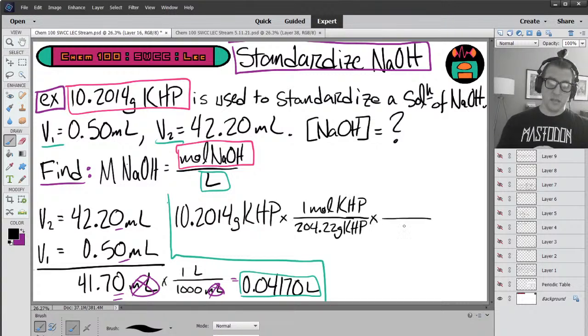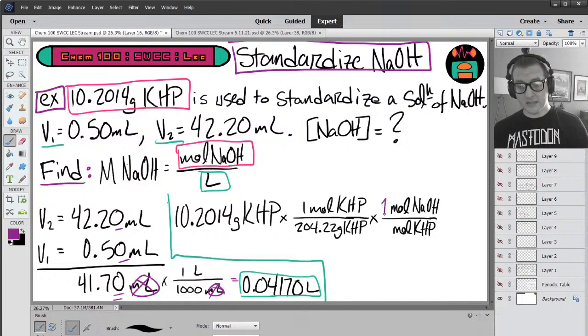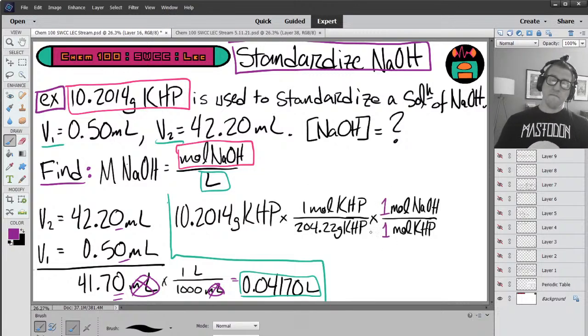And then finally, we can convert from moles of KHP to moles of sodium hydroxide. Because, as we saw in the previous slide, the ratio from KHP to sodium hydroxide in the balanced chemical equation is a 1-to-1 ratio.